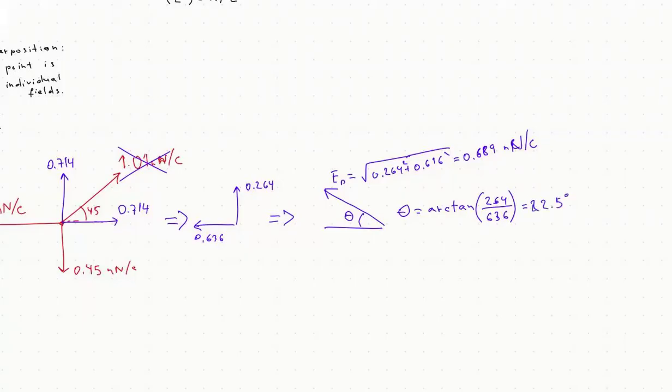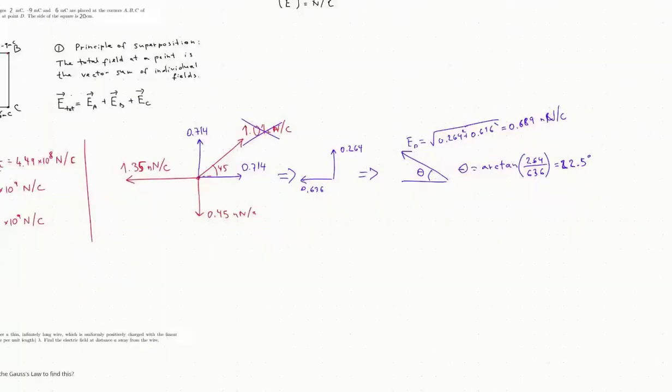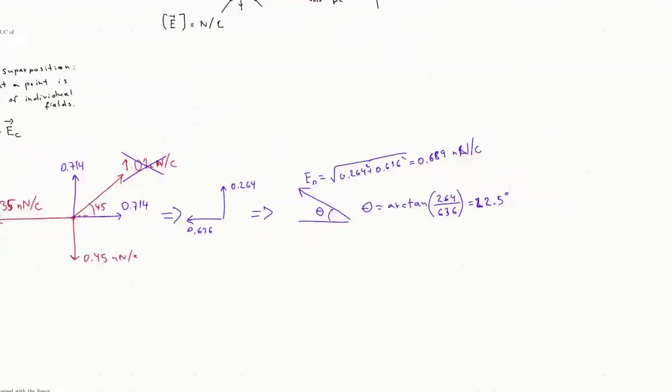Interestingly, it's almost exactly half of 45 degrees. I don't know if that's a coincidence or not. But okay, that's the resultant field, or you can say it's 6.89 times 10 to the 8 newtons per coulomb, in the direction 22.5 degrees, and you can say it's north of west, if you want to be picky about it.